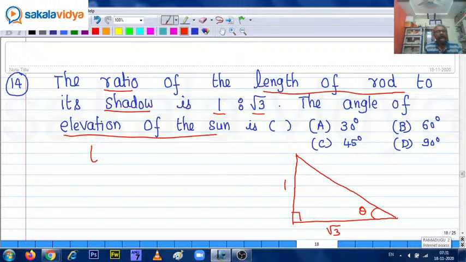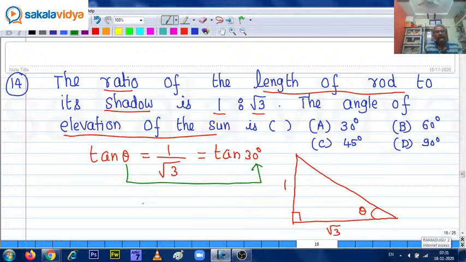Just apply tan theta. Tan theta equals 1 upon root 3. This we can write as tan 30 degrees. So theta is equal to 30 degrees. A is the right option.